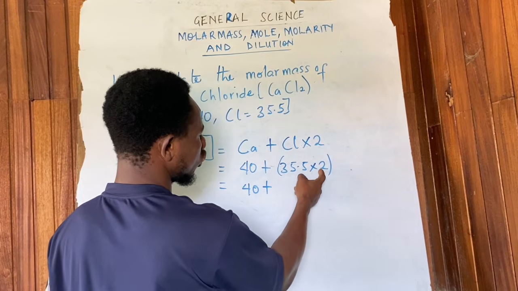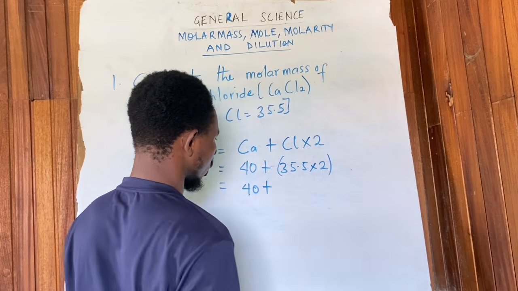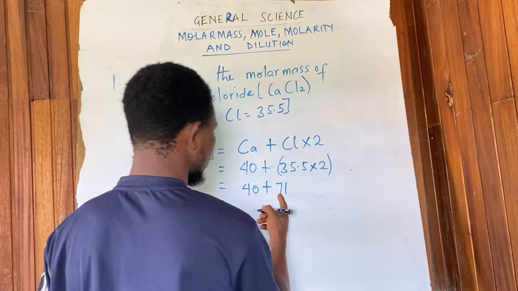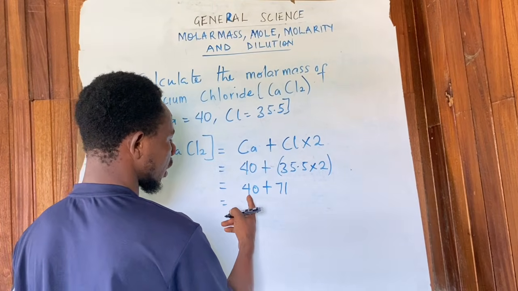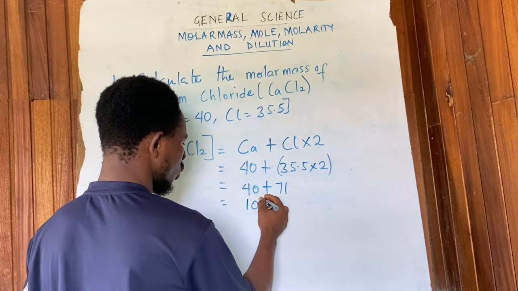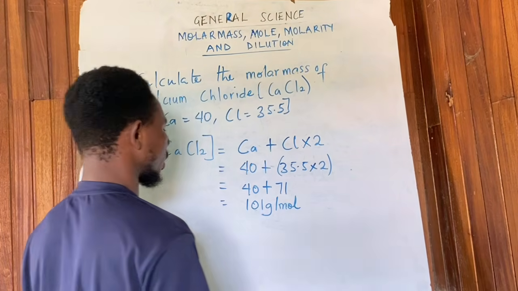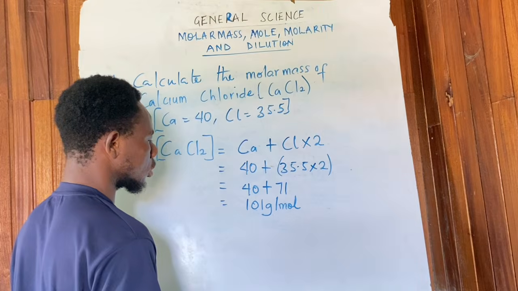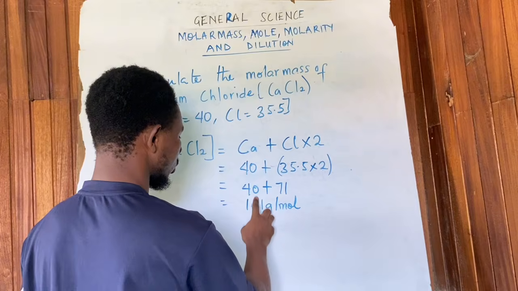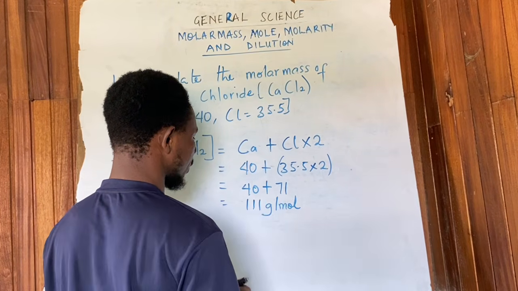First of all, 2 times 35 is 70, 2 times 0.5 is 1, so we get 71. Then we add 40 and 71, and we get 111 grams per mole.